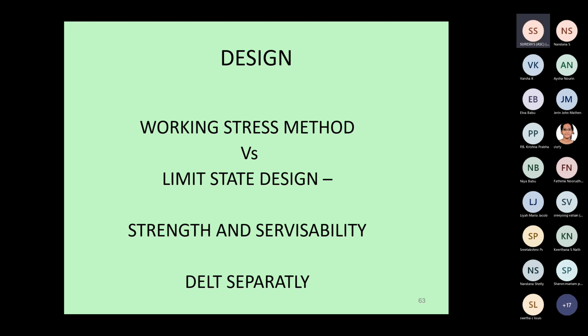And 5% of the samples can have less than 500 Newton per mm square. So such a steel is called characteristic strength 500 Newton per mm square or 500 MPa.